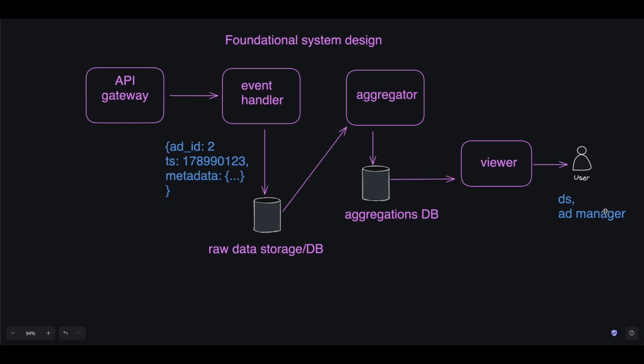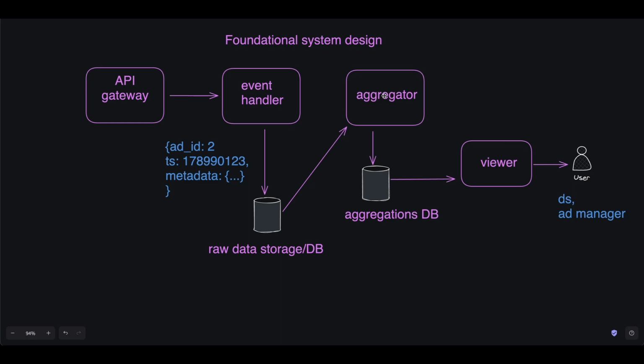So our ad manager X, for example, chose that he wants to see data in minute aggregation. So all his ads are going to be aggregated by minute. Aggregator is going to be taking this data from this database and running group by and count.